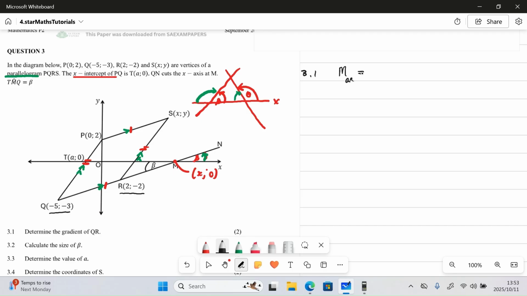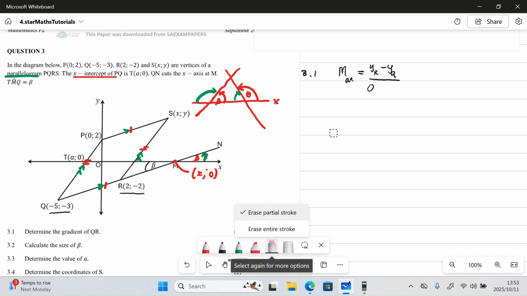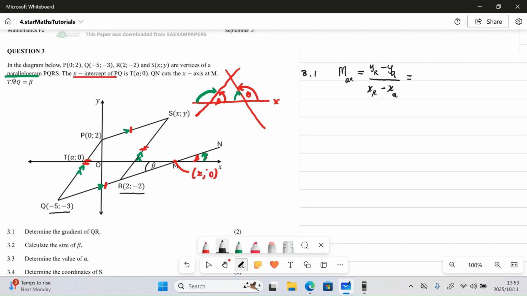Remember the formula for gradient is y2 minus y1. So my y2 is the y value at R, then my y1 is the y value at Q, divided by x2, that is the x value at R, minus the x value at Q. Then what is the y value at R?